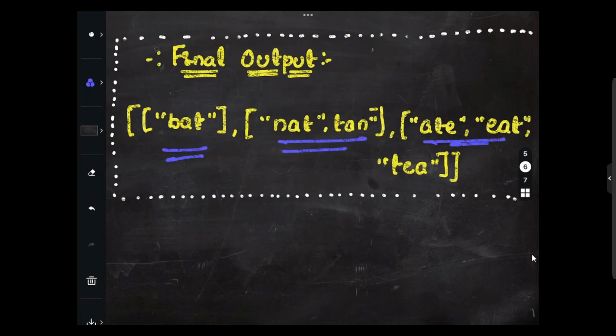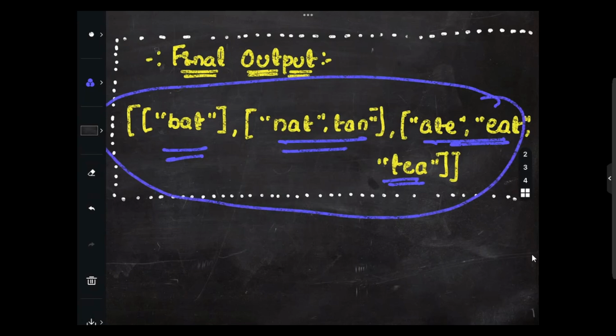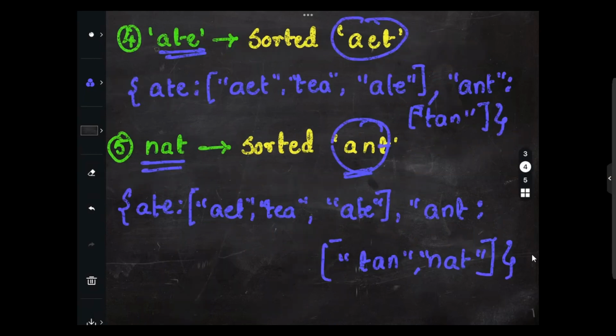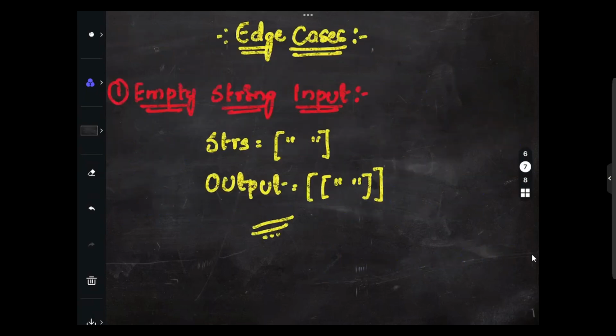This is equivalent to the output they have given for example 1. So the approach works absolutely correctly in this case, right? We have gone with hash mapping plus sorting.